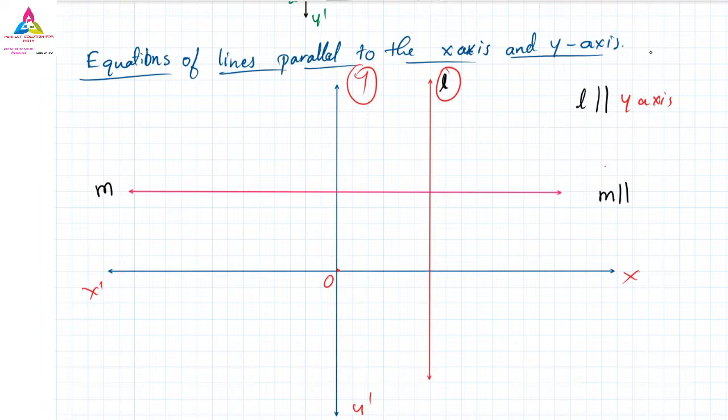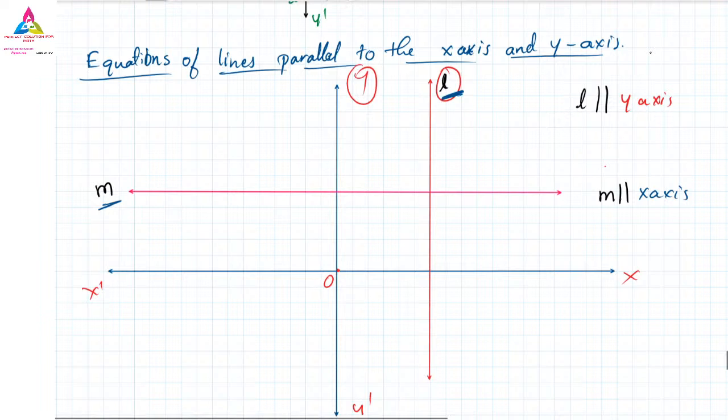M is parallel to the x-axis. Okay, this is the basic knowledge you must know. So what is the equation of the L line, and what is the equation of the M line? That is the thing we have to find in this topic.